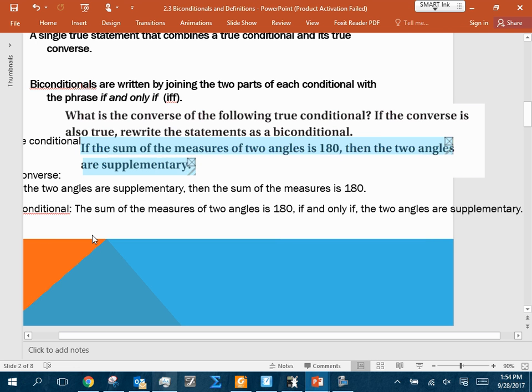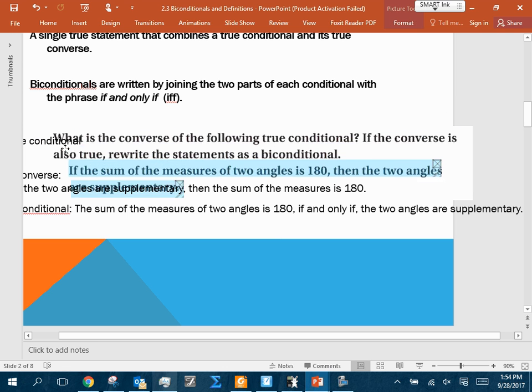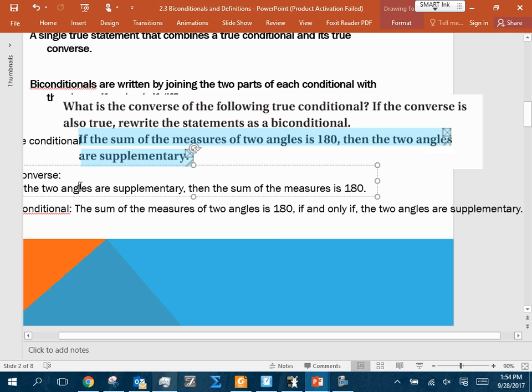That is my biconditional that comes from that blue statement. And I can only create that because the blue statement was true, and then the converse of it was also true. So inside that biconditional I just wrote is the fact of this blue statement, and this statement right there, its converse.